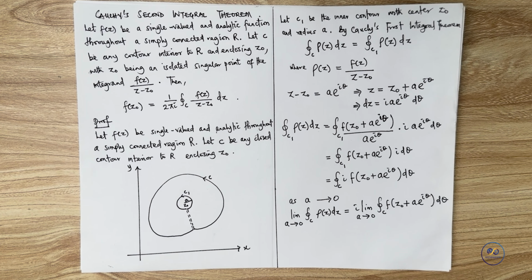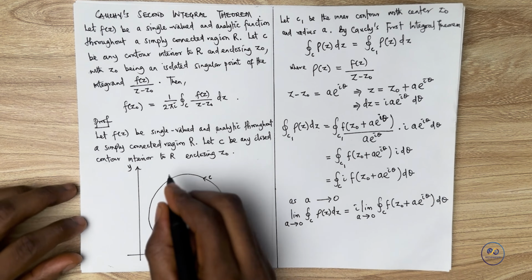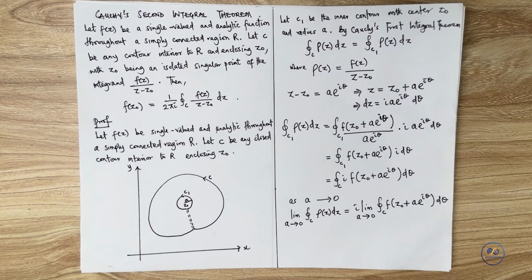Now, do not forget that since we are integrating over the entire contour that has now become a simply connected region, based on the cross cut of infinitesimal width that we introduced, the integral over c is the same thing as the integral over the entire circle.